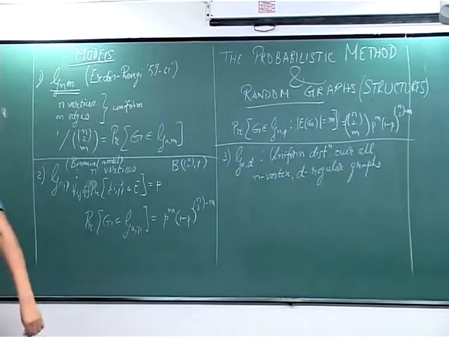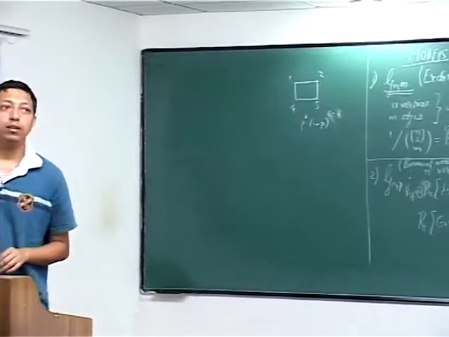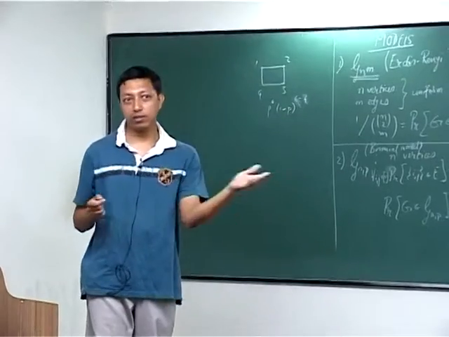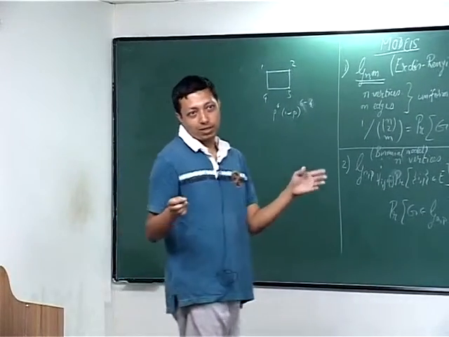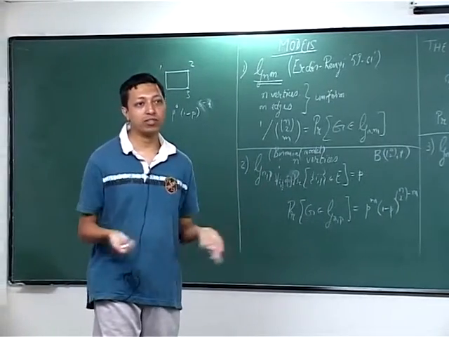Can somebody tell me how many n vertex d regular graphs are there? Seems like a simple problem, right? You have n vertices, every vertex has d edges. So how many such graphs can you have?